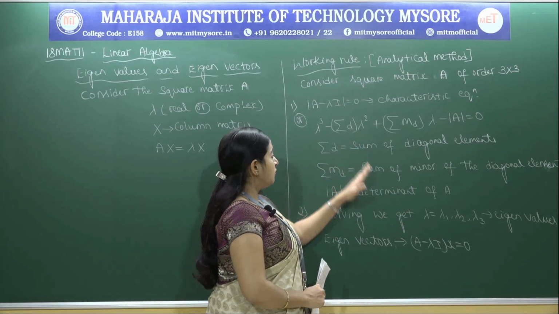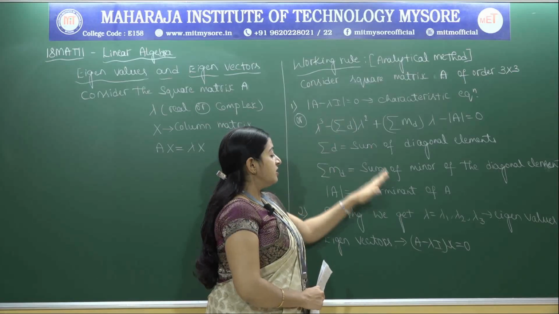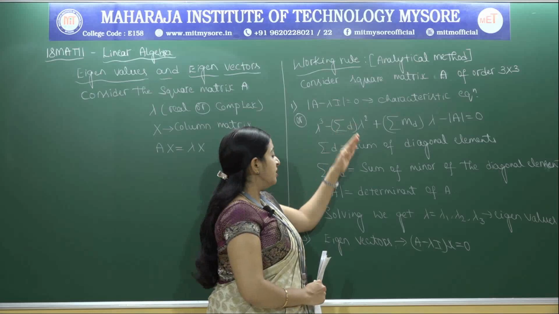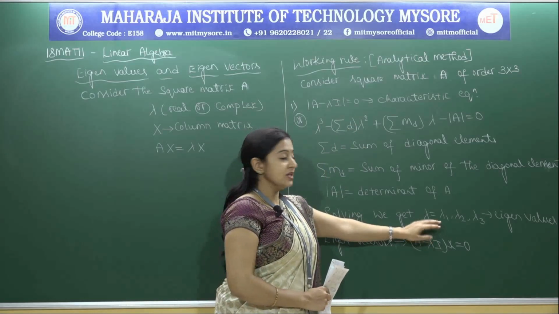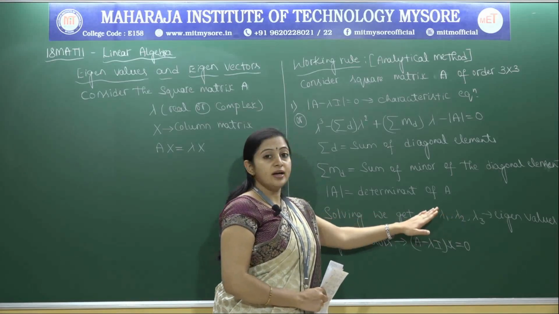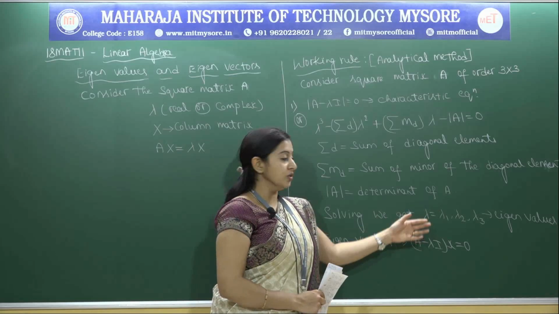Then on solving this cubic equation, you will get the eigenvalues, that is lambda 1, lambda 2 and lambda 3. Since the order is 3 cross 3, you will get the 3 eigenvalues.